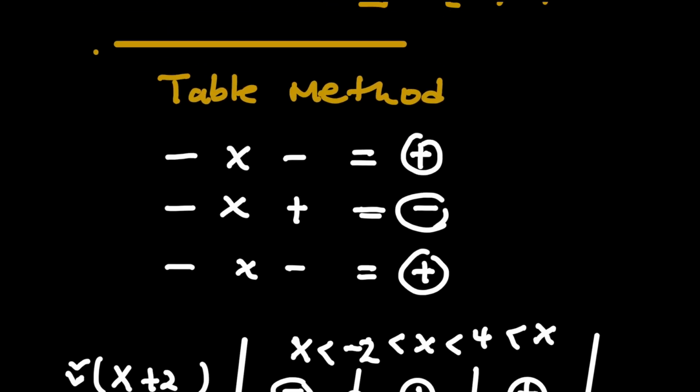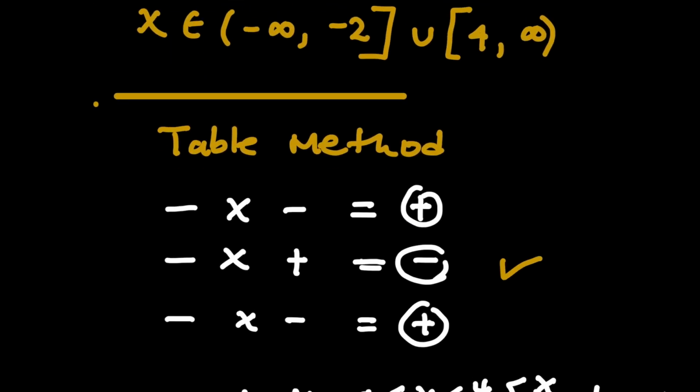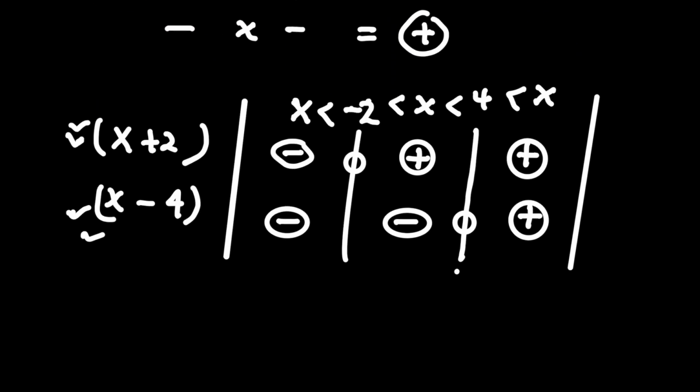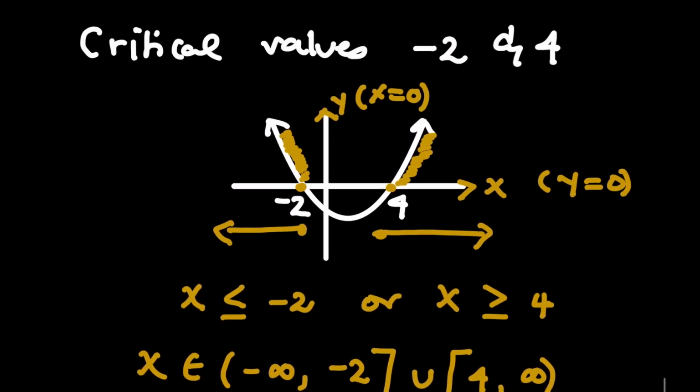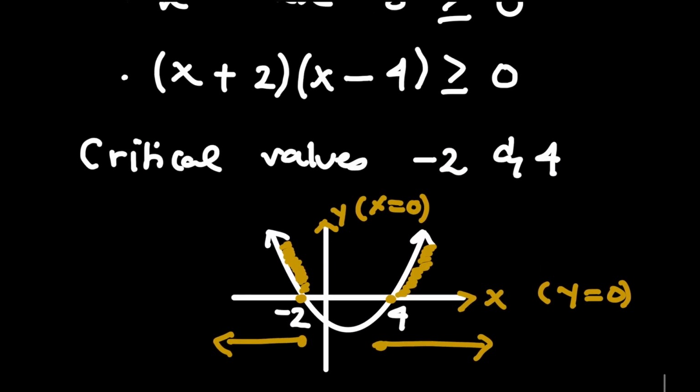So now finally, guys, let's use what we know about this. A negative times a negative, that's a positive, then here it's 0. And a positive times a negative, that's a negative. Then here it's 0. Positive times a positive, that's a positive, right? So let's answer this in the context of this question. It says (x plus 2)(x minus 4) greater or equal to 0.